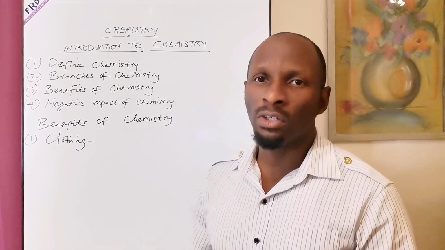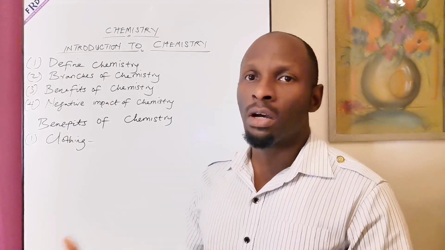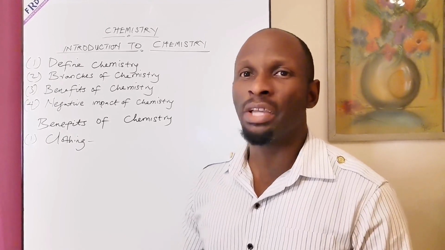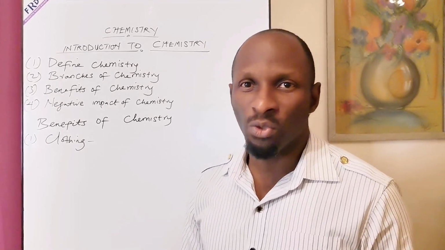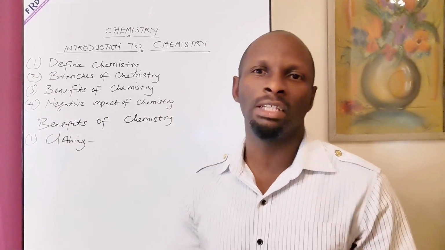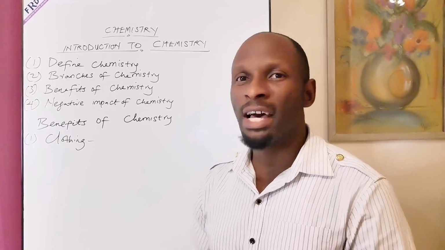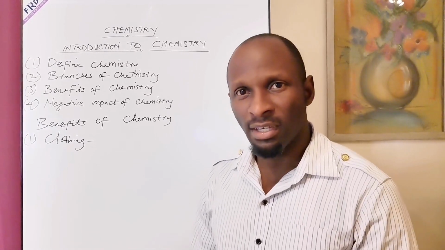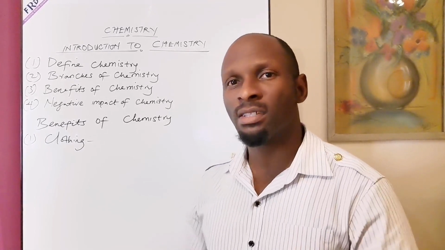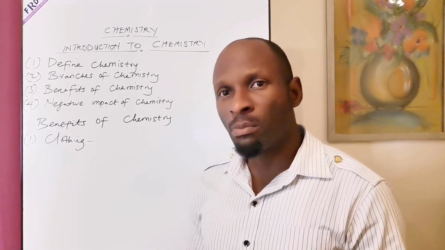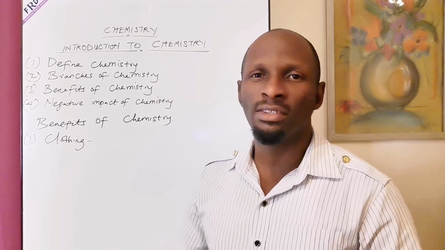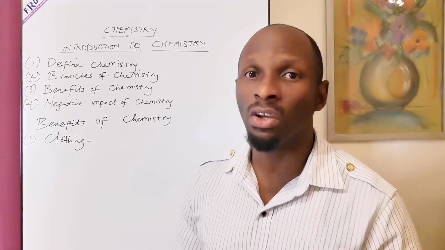But that particular cotton tree that yields cotton as its product, the cotton is not just used the way it is as a cloth. I mean, we don't just get the cotton and then put it on and it becomes a cloth. No, the cotton has to go through some processes. It has to be put through processes through which it becomes a finished material that can now be used in sewing or designing different clothes.